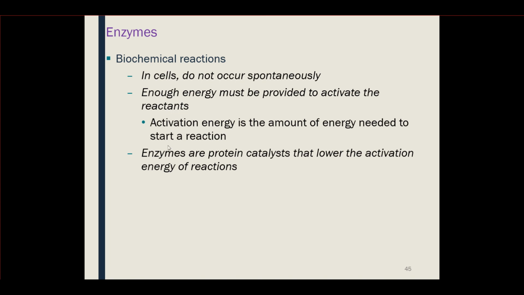And guess what? We have chemicals in the body known as enzymes. They do that for us. Enzymes lower the activation energy. So now the chemical reactions will happen much, much faster than if we didn't have the enzyme. Okay, so enzymes will speed up the chemical reaction.